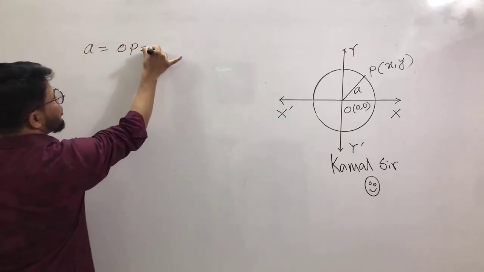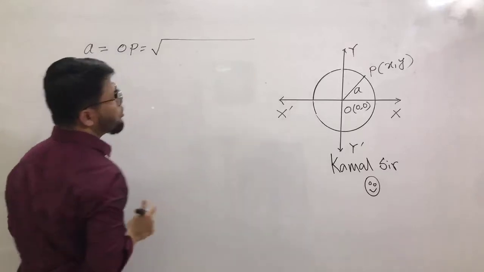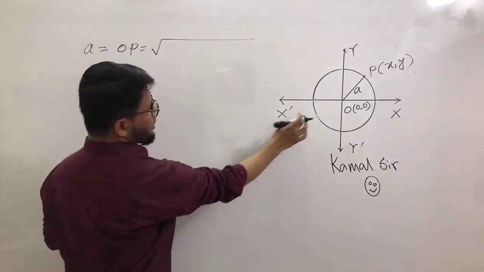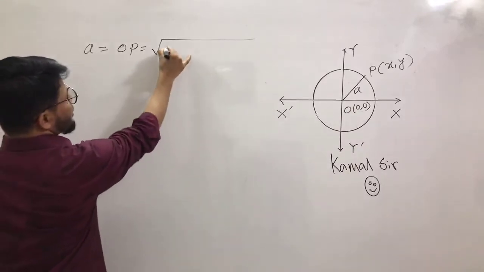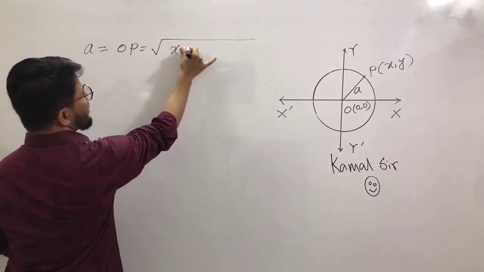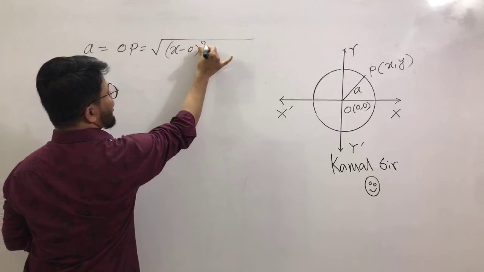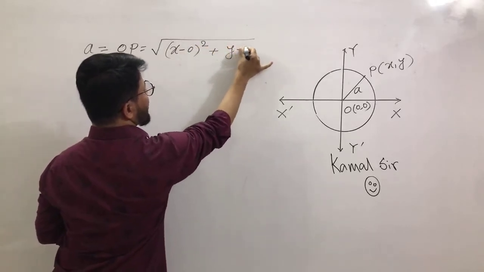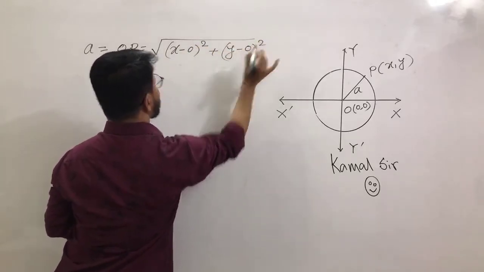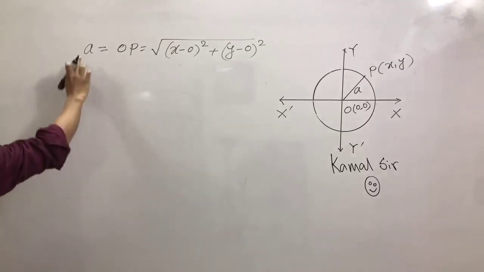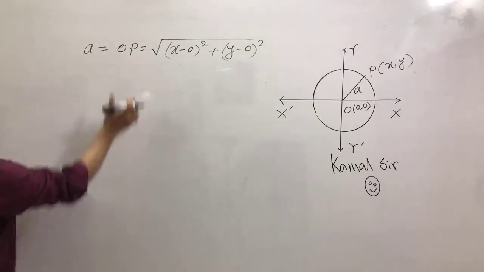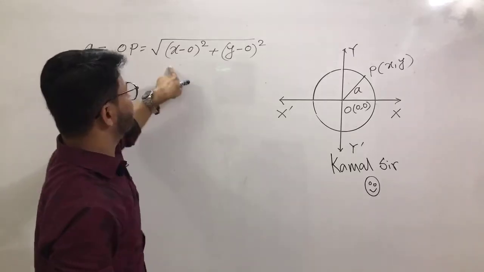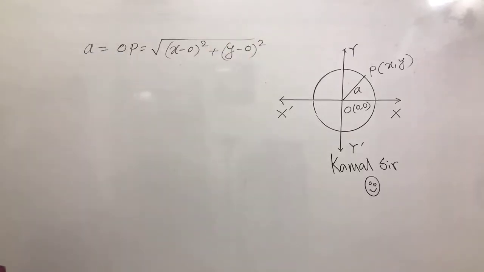And from coordinate geometry we know the distance of 2 points. The O is 0, 0 and P is x, y. So their distance will be root of x minus 0 whole square plus y minus 0 whole square. Now the radius A equal OP, and the distance O to P from coordinate geometry we can write here.